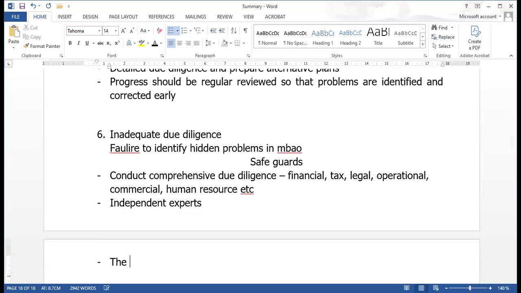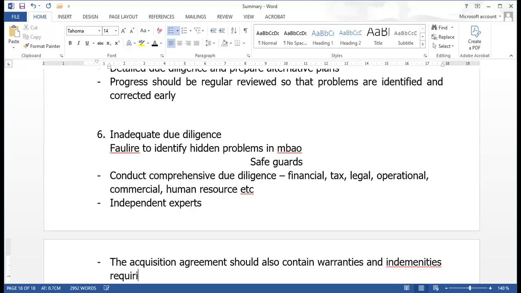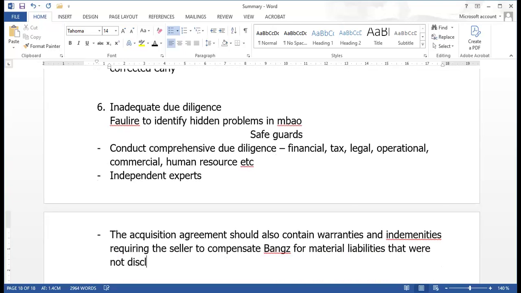Also, the acquisition agreement should also contain warranties and indemnities requiring the seller to compensate us as bankers for material liabilities that were not disclosed before completion.